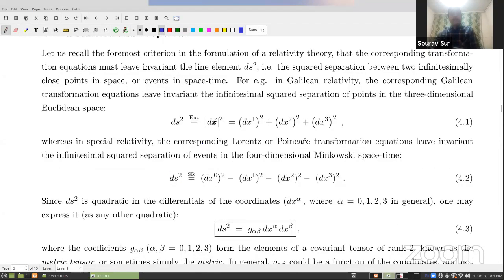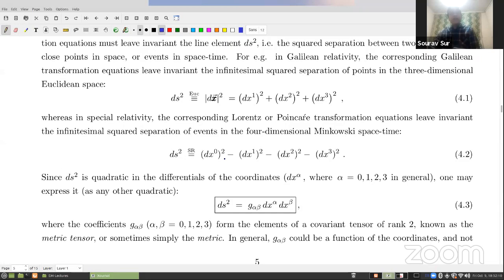Okay, so you can see that this is actually a quadratic in the coordinate differentials. It depends on the squares of the coordinate differentials with different coefficients. The coefficients here are all +1, and here this one has coefficient +1, and all the others have coefficients -1. In general, the coefficients could be functions of the coordinates as well.